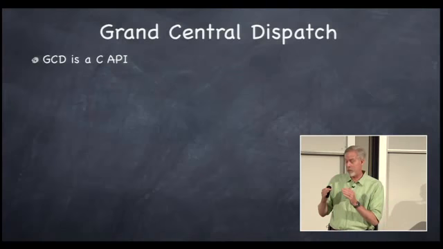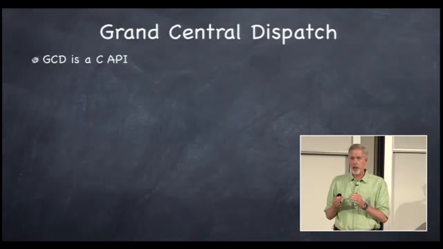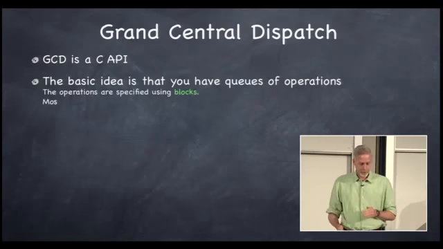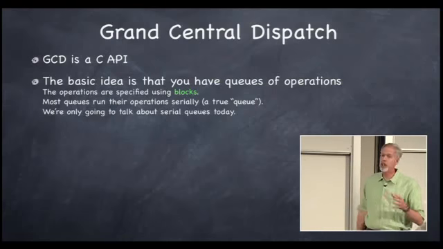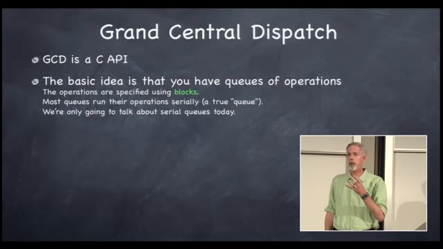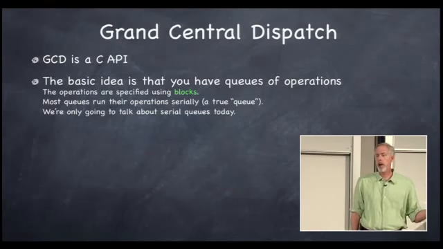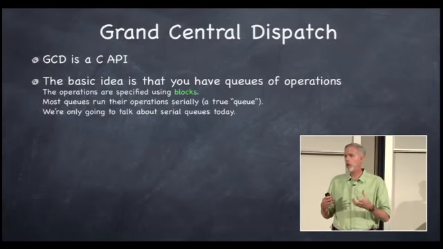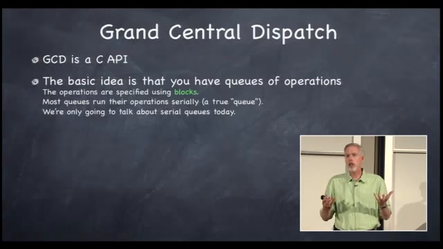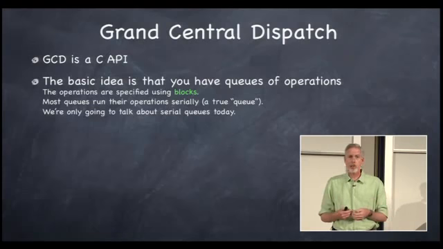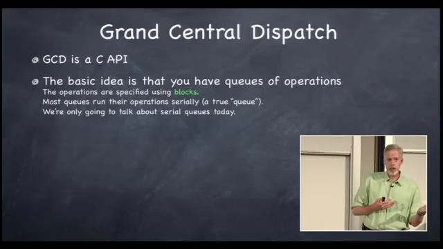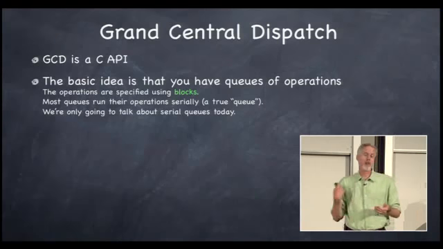Anyway, Grand Central Dispatch is a C API for multi-threading. Okay, the idea is that you're going to queue up blocks to execute on other threads, and by queue up I mean queue like you're going to get in a queue or a computer science queue. A queue means you put things in there, and the first things that go in are the first things that come out.